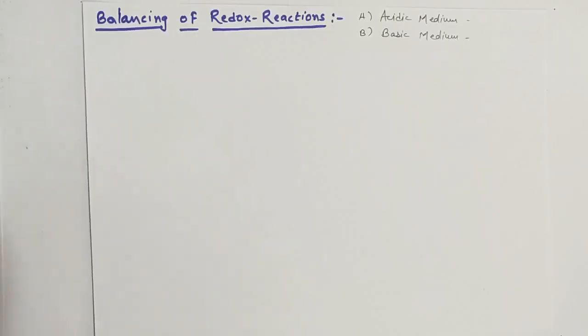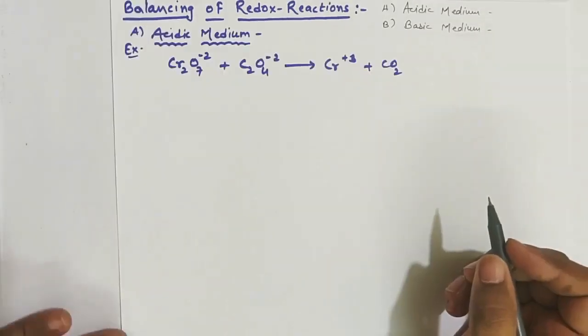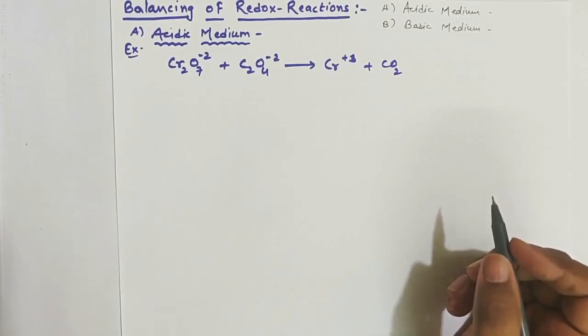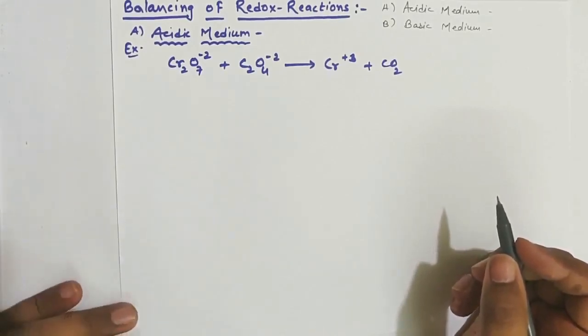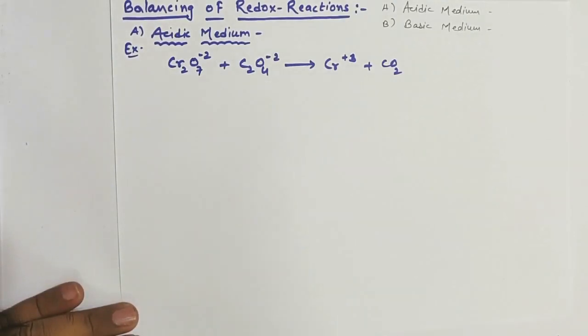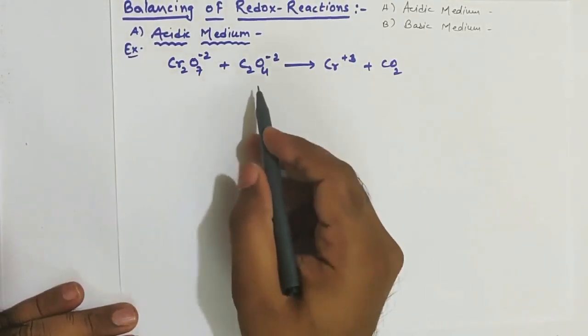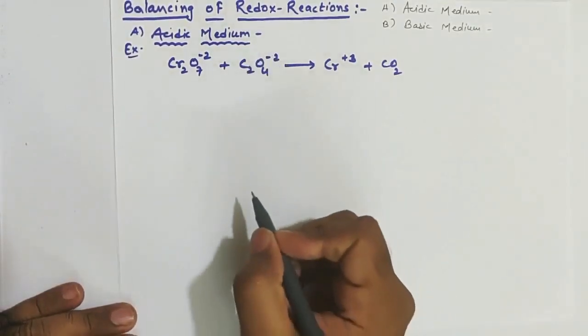First, let's discuss balancing of redox reaction in acidic medium. So let's understand this with a suitable example. Here we have been given an equation and we need to balance this equation in acidic medium.